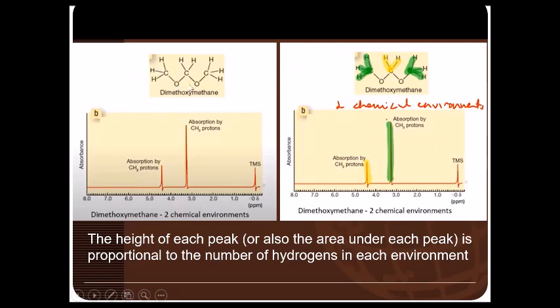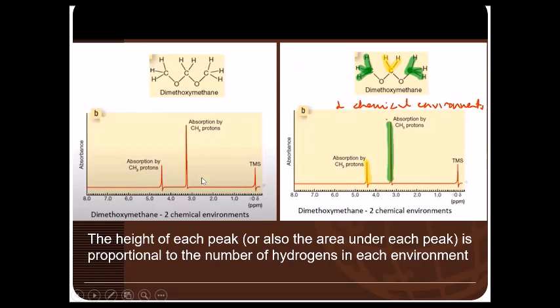Because that CH2 is connected to more oxygens, its chemical environment is more electronegative, which is why it gets detected further away from the TMS, since the CH2 would be overall more electronegative than either of the CH3 groups.